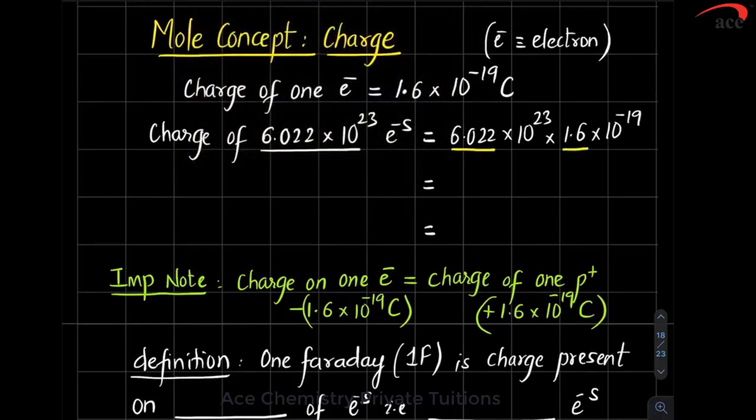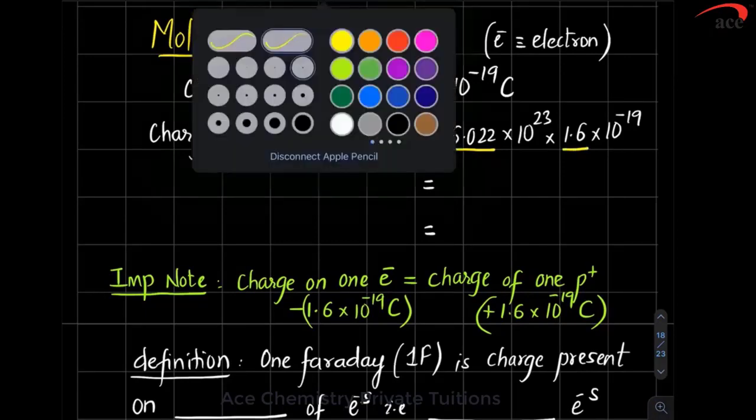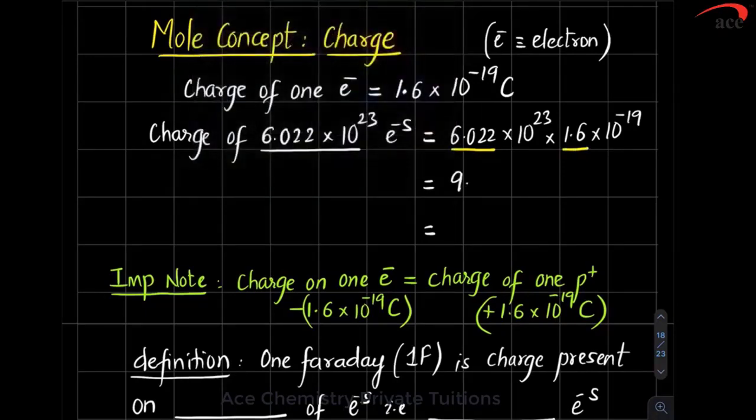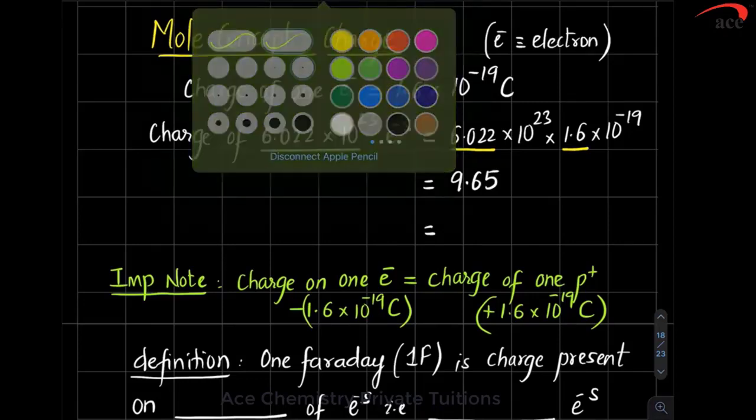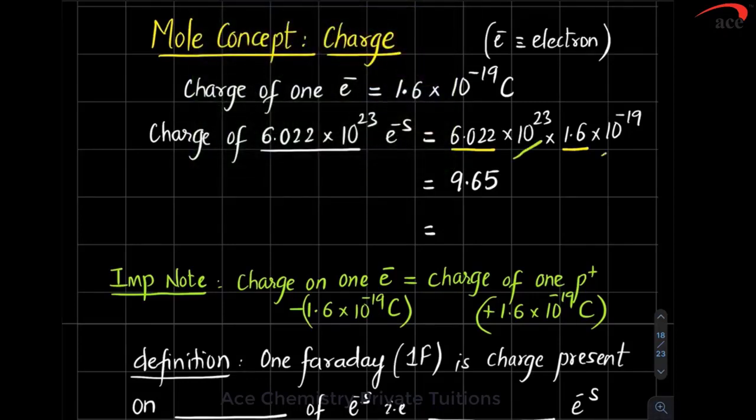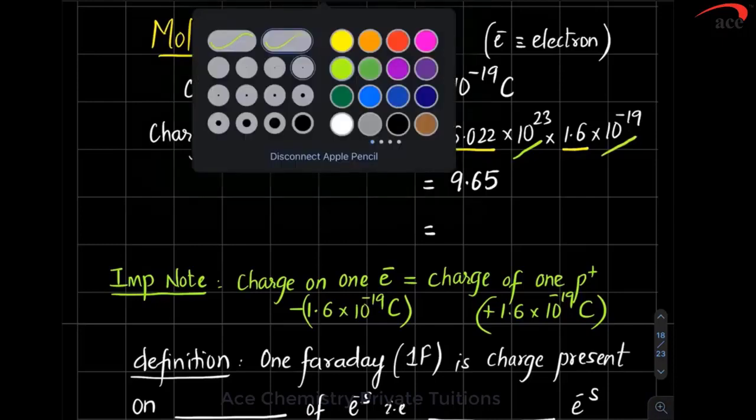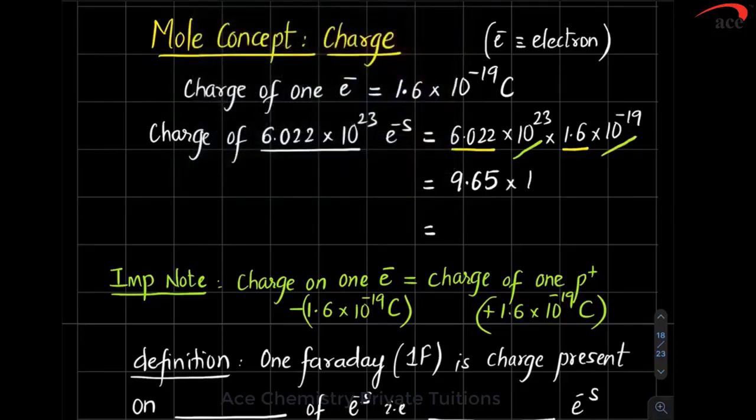Now, if you multiply this and this, approximately it is 9.65. And if you multiply 10 to the power 23 and 10 to the power minus 19, you will get 10 to the power 4. If you open up, that is 96500 coulomb.